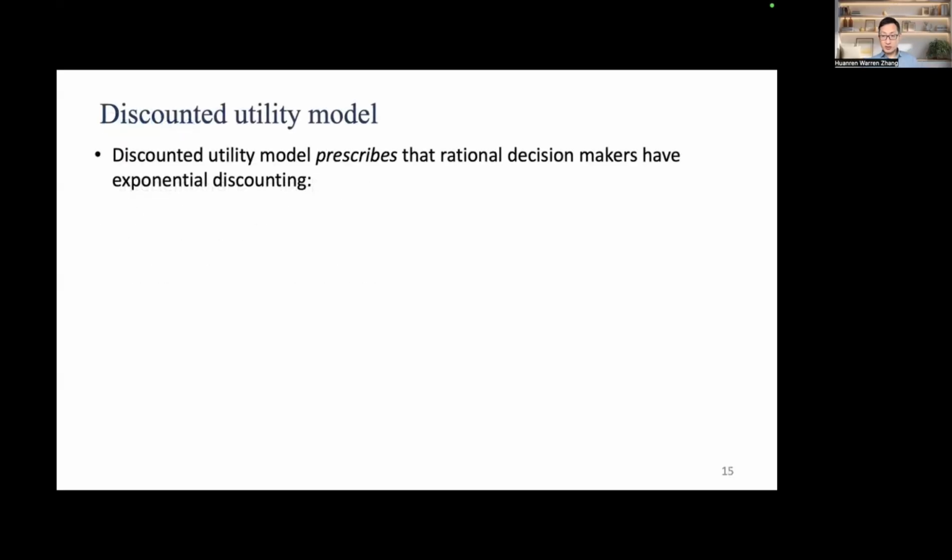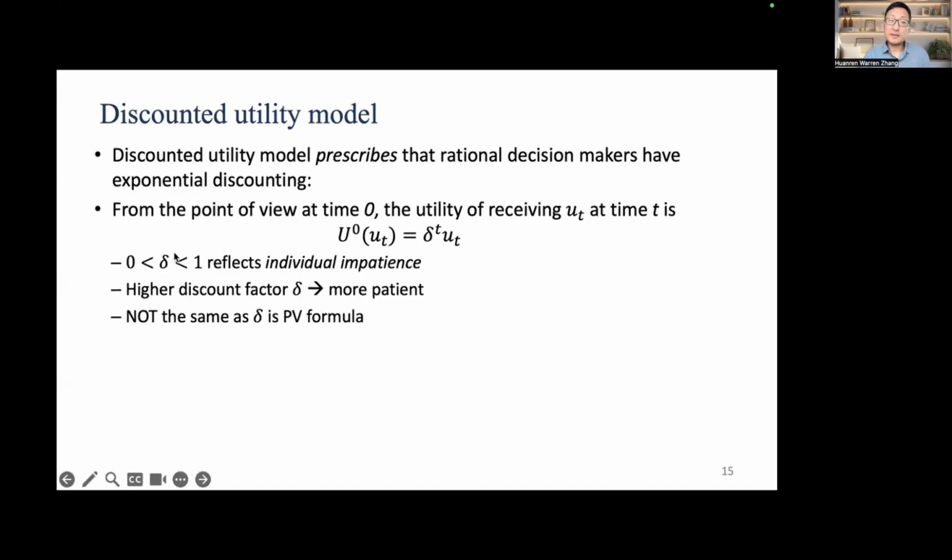So discounted utility model is a model for intertemporal decision making in neoclassical economics, meaning that it has the assumption that people make a rational choice. Discounted utility model prescribes the rational decision maker have exponential discounting. So that means from the point of view at time 0, the utility of receiving ut at time t is described in the following expression.